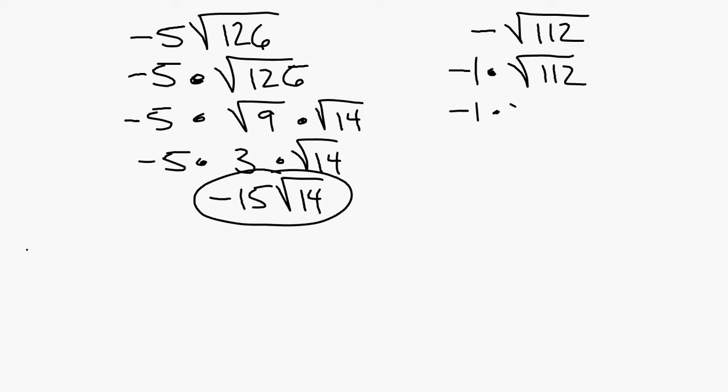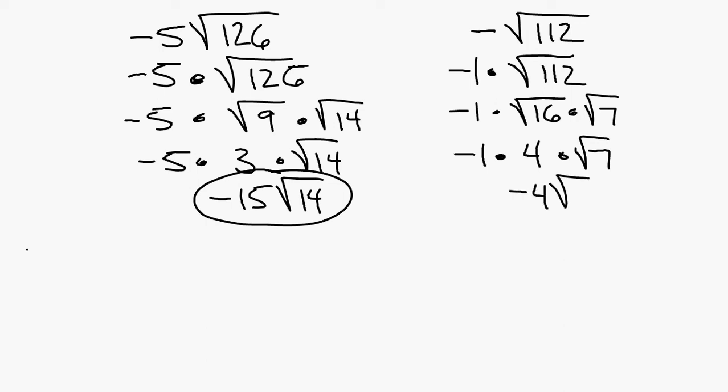Good. So square root of 16 times the square root of 7. So now simplify your square root of 16. So you get -1 times 4 times square root of 7. And your -1 times your 4 is -4 square root of 7.